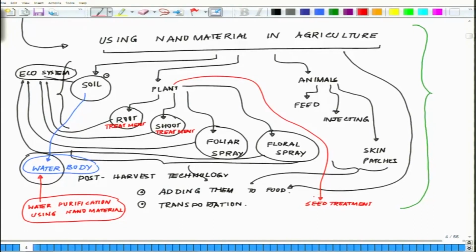So, starting from the seed, which is the dormant part of the growth, to the root treatment or root priming, depending on what kind of roots we are talking about, all the way to treating the shoot, as well as the foliar spray, all the way to the flowers.